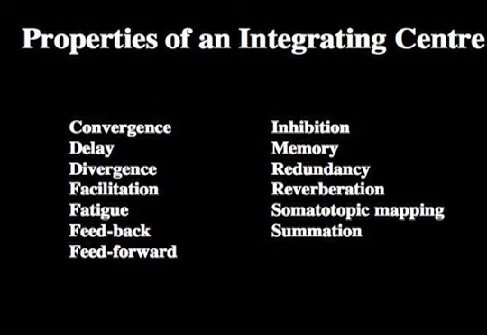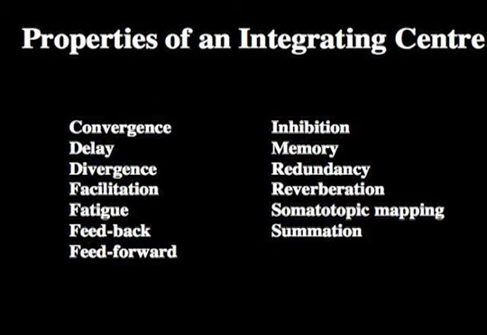When nervous systems do that, they have a whole string of features, physiological things that they do, ways that they do it, features that they show. And I want to spend the rest of this lecture talking about those different features. And we're going to call them properties of an integrating centre.